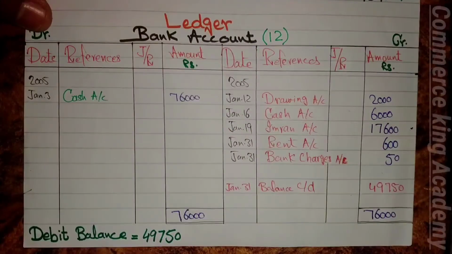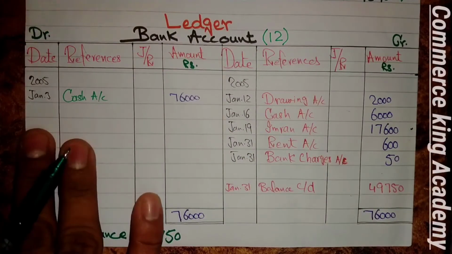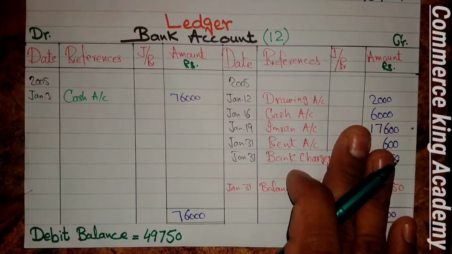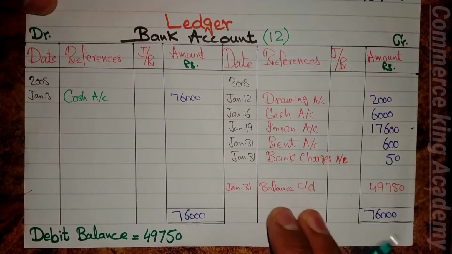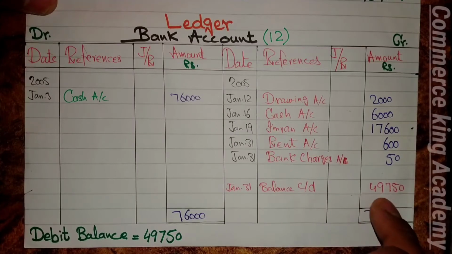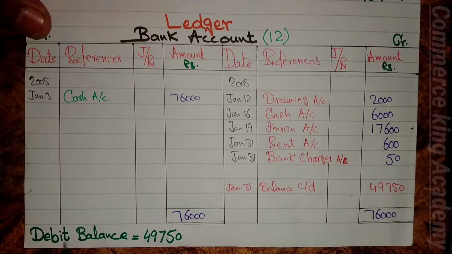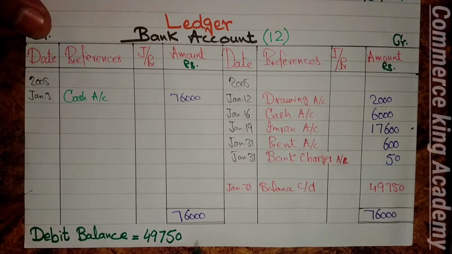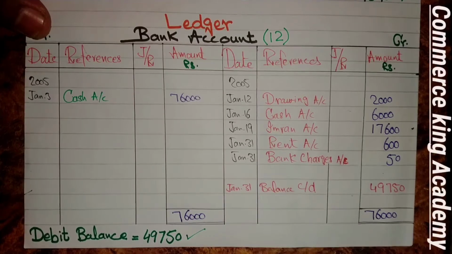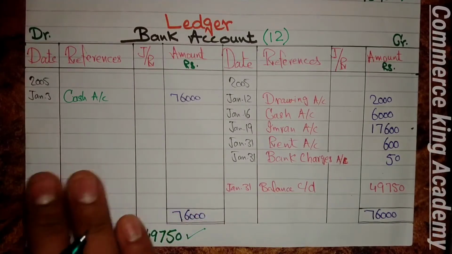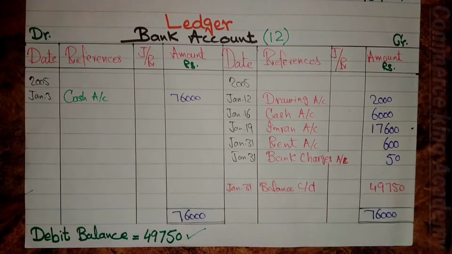The debit side is heavier than the credit side. So we have the shortage or less balance on the credit side, which is 49,750 rupees. And ultimately we have a debit balance of bank account, the reason being that the debit side is heavier than the credit side.